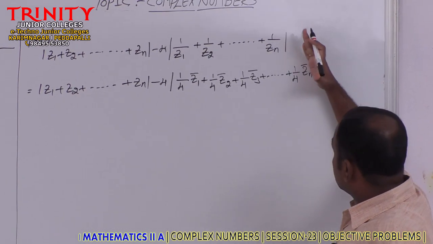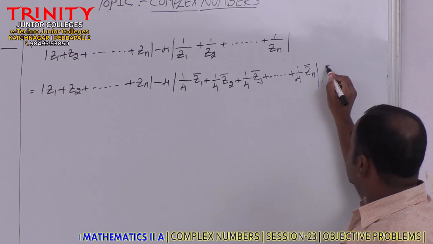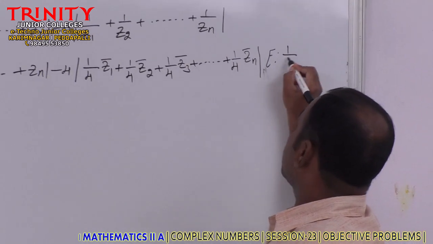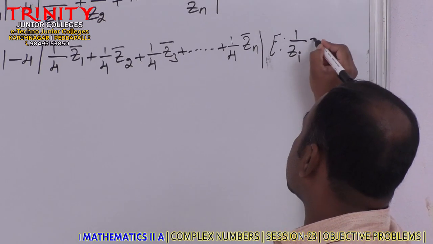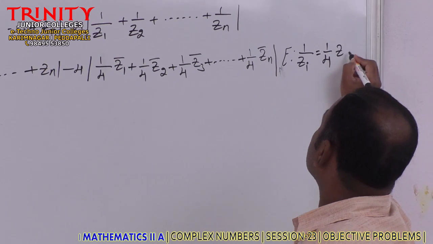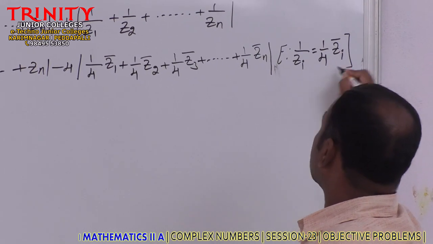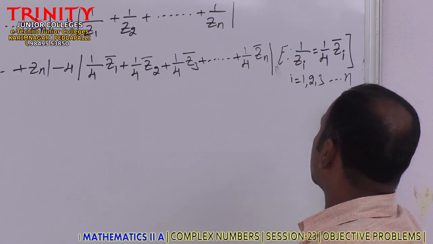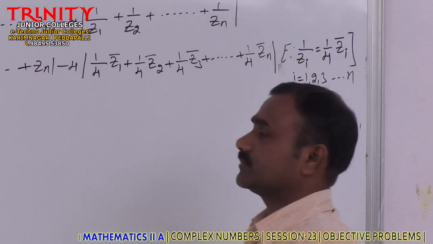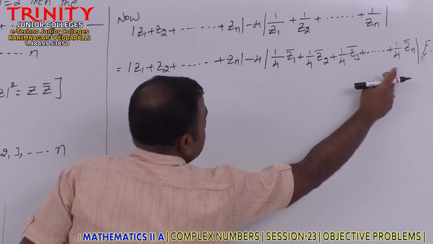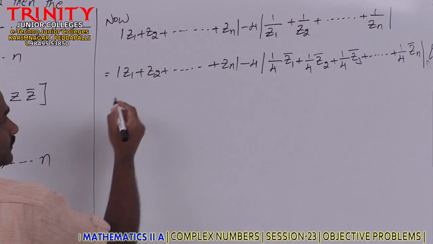From where did we get all these? The reason is 1 by Zi is equal to 1 by 4 Zi bar. In this we have replaced i is equal to 1, 2, 3 so on n. Okay. Now in all these, can we take 1 by 4 common?